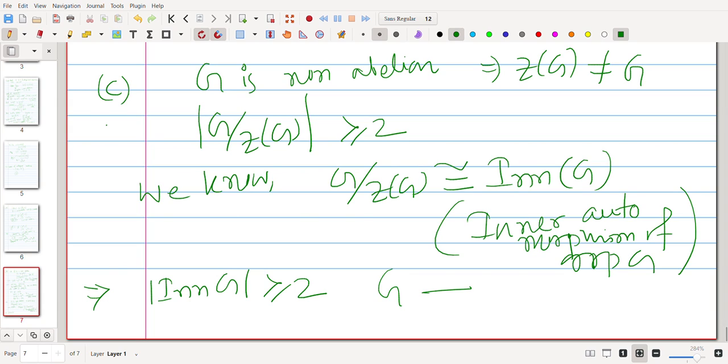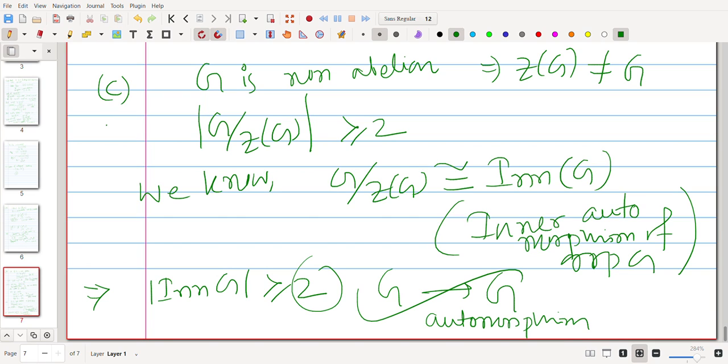That means we have a non-trivial homomorphism, a non-identity automorphism from G to G, because the order is at least 2 and any element of Inn(G) is an automorphism, an inner automorphism. Hence this one is correct.